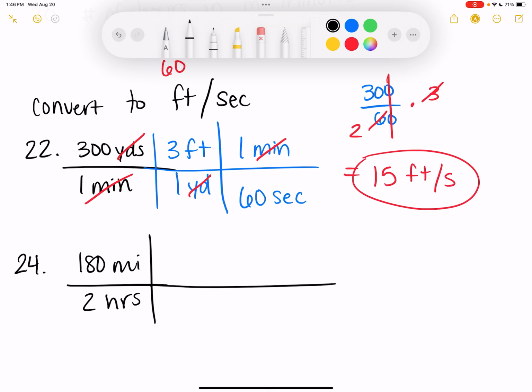I obviously have to do both, but does anybody know how many feet are in a mile? 5,280. Yep, so there's 5,280 feet in 1 mile.